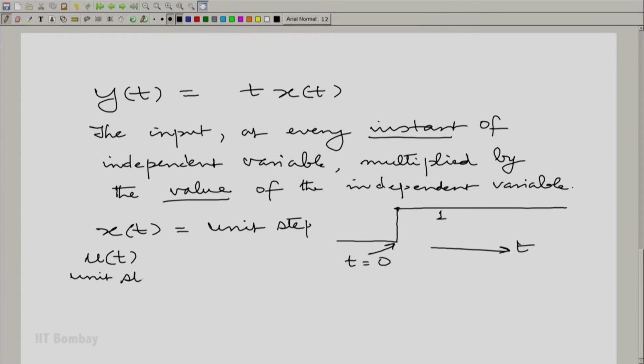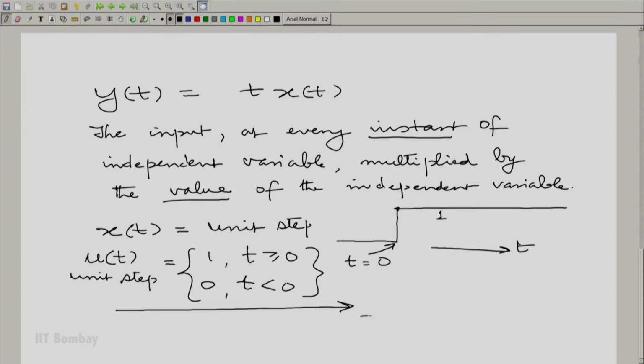The unit step is often denoted by u of t. And if we give this input unit step to the system, what would the output be? The output would essentially be a ramp, t times u of t, to be precise. So, now you see what I mean.